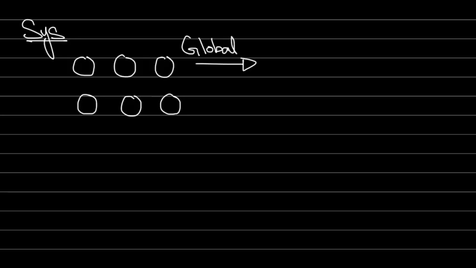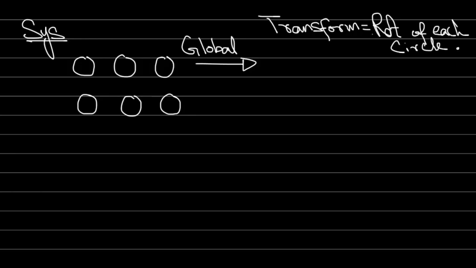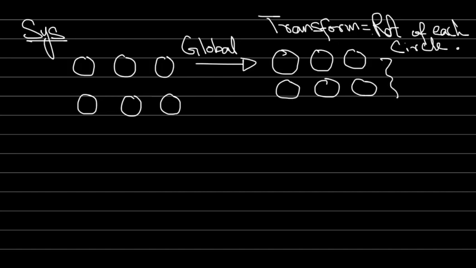Now remember, your transformation in this example is the rotation of each circle. So we are not translating, instead we are rotating circles over here. If you perform a global transformation, it doesn't really matter by what amount you rotate your circle, you're still going to get a circle. Now you can clearly see that this is symmetric.